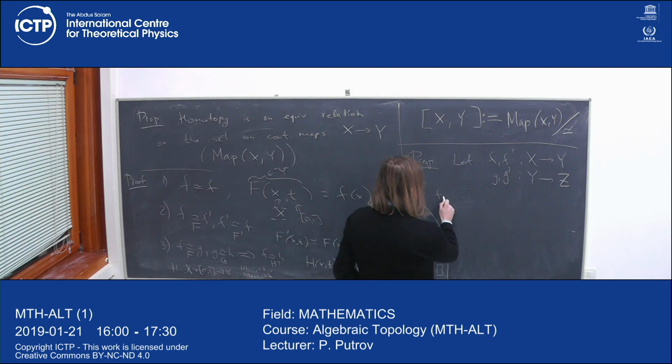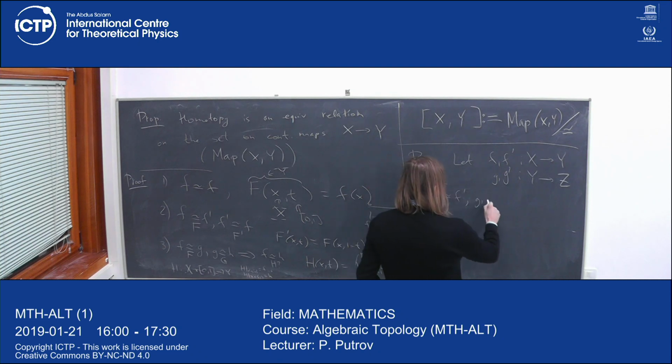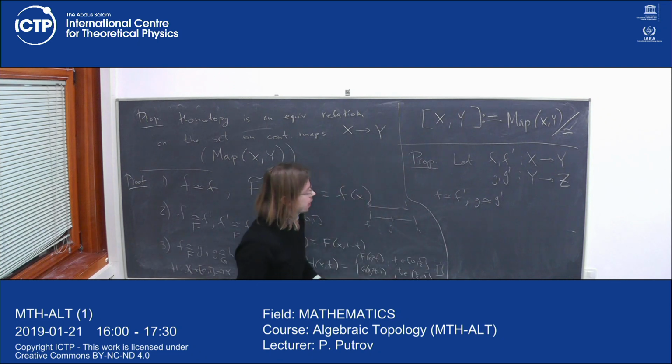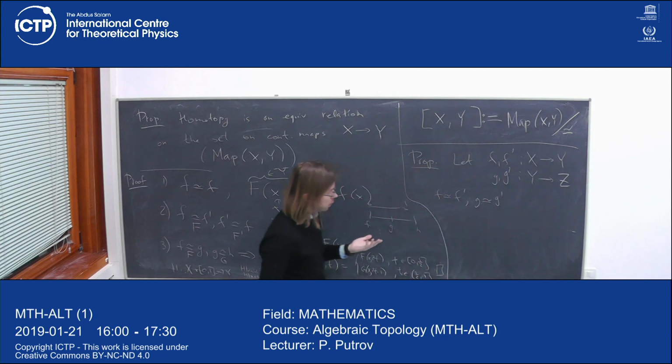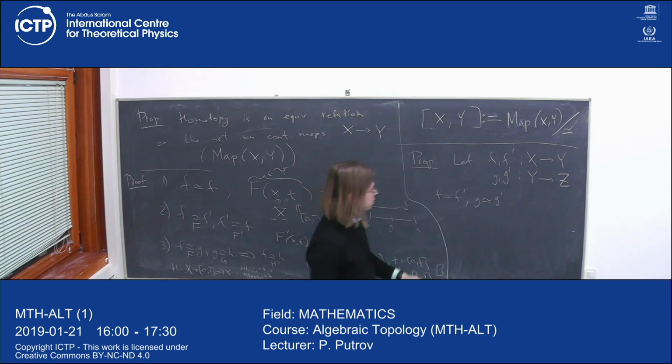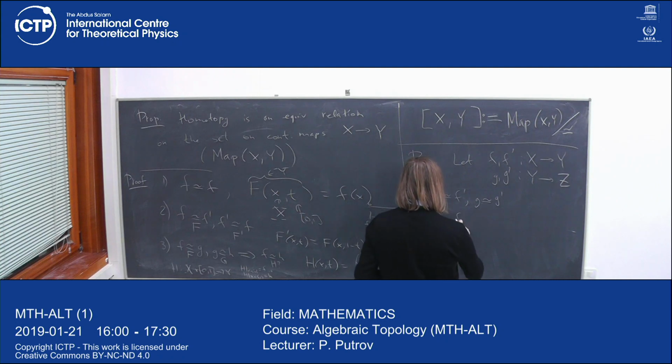The statement is the following. If f is homotopic to f prime and g is homotopic to g prime, then since I have a map from x to y and from y to z, I can compose continuous maps to obtain new continuous maps.